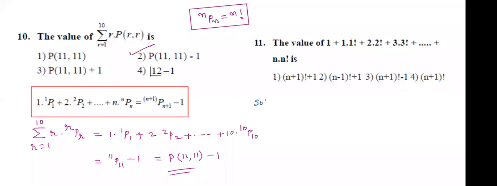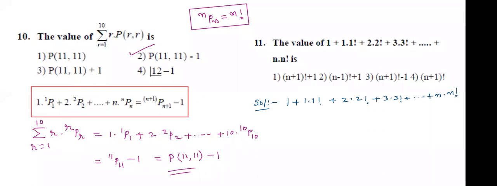11th question. See, what is there in the 11th question? 1 plus 1 into 1 factorial plus 2 into 2 factorial plus 3 into 3 factorial plus and so on, n into n factorial.